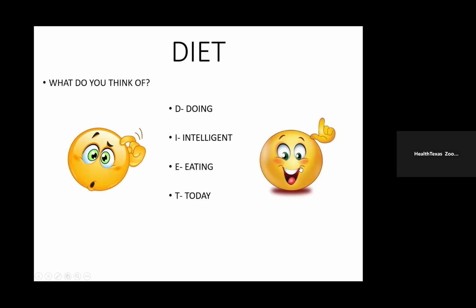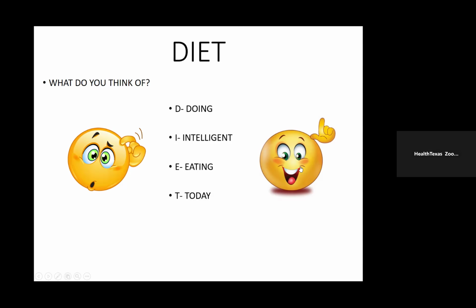And without thinking, you're going, I want a Whataburger with cheese, an order of French fries, a large Coke, and throw one of those apple pies in the bag while we're at it. And then what have we done to our diabetes? We have created a catastrophe. So as a diabetic, we have to do intelligent eating today, one meal at a time, one day at a time.